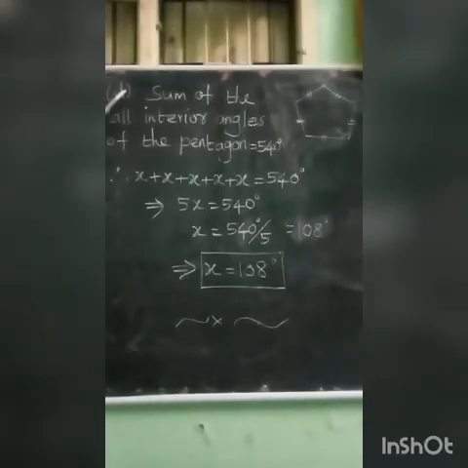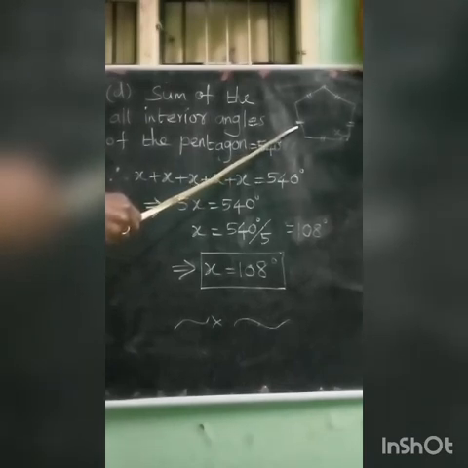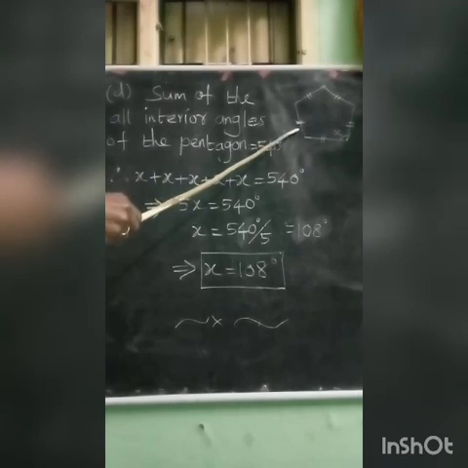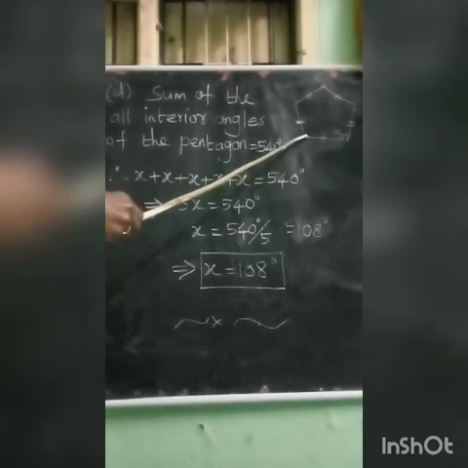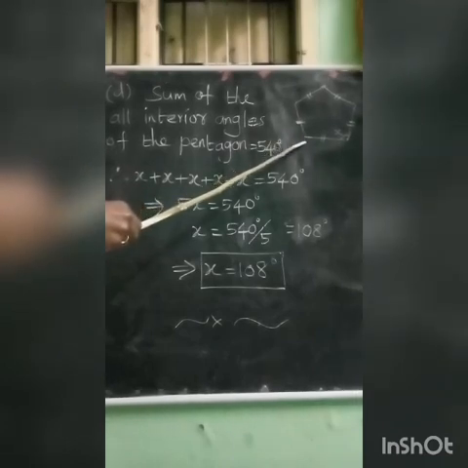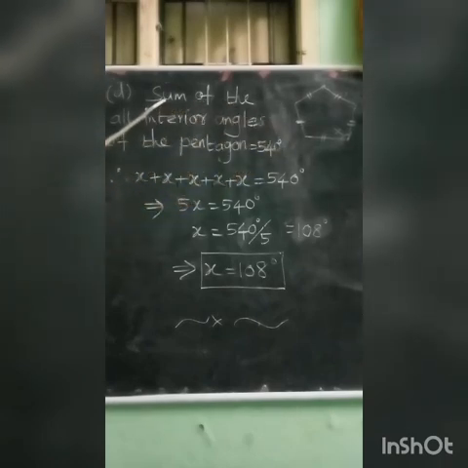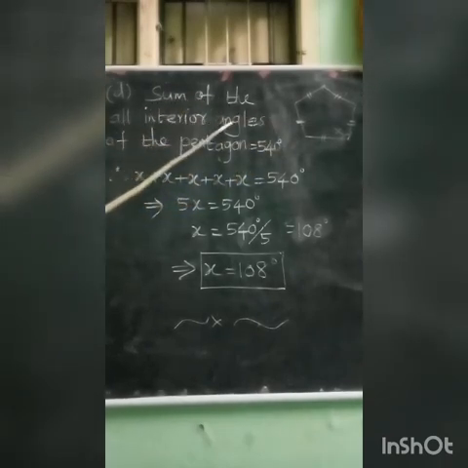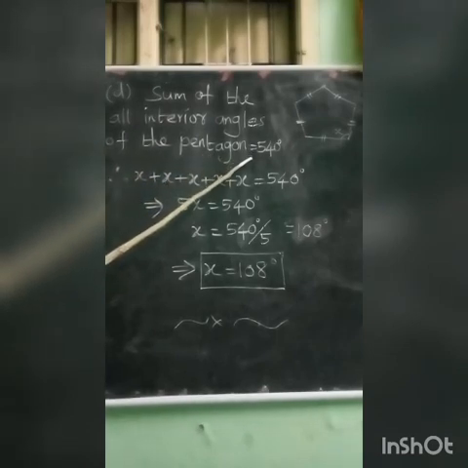Then the next sum. The given figure is this. This is a regular pentagon. This pentagon has 5 sides, and the 5 sides are equal. Therefore, this pentagon shape is a regular pentagon. Now to write the property, sum of all interior angles of the pentagon is 540 degree.